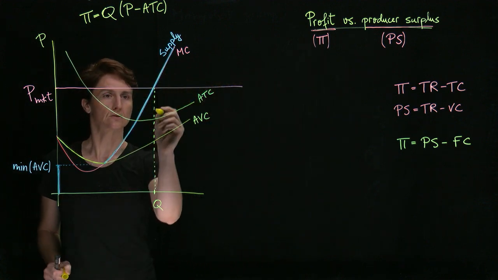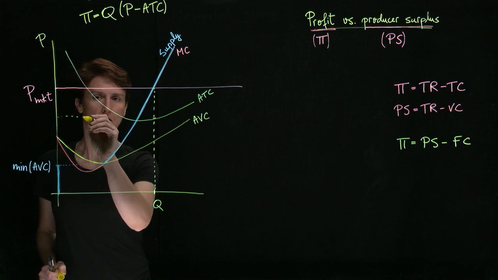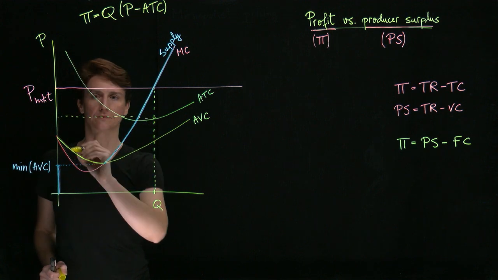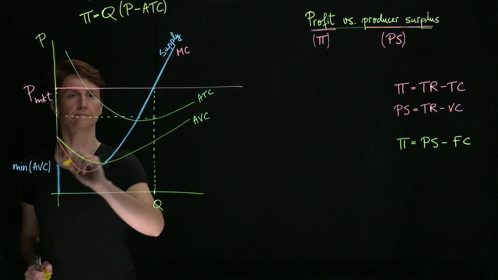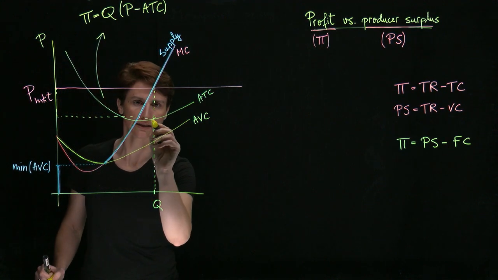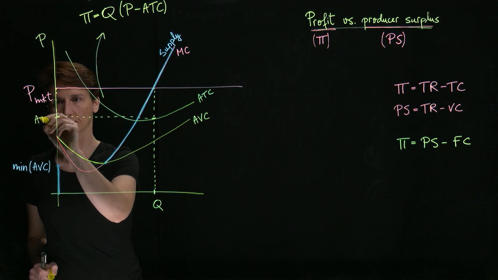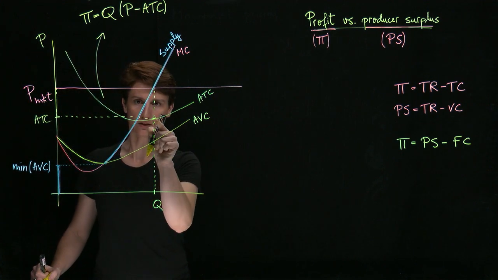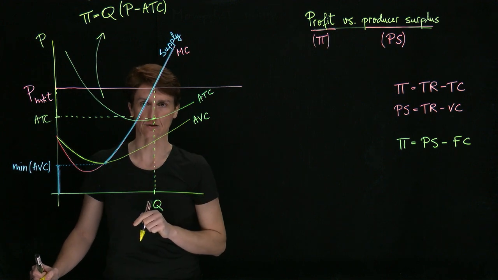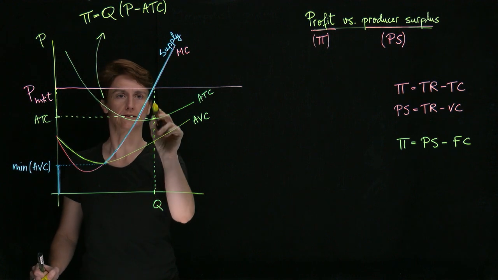That in this graph is going to be given by this rectangle. Note that what we have here is the average total cost at Q, not at that intersection. So this is our profit in this situation.